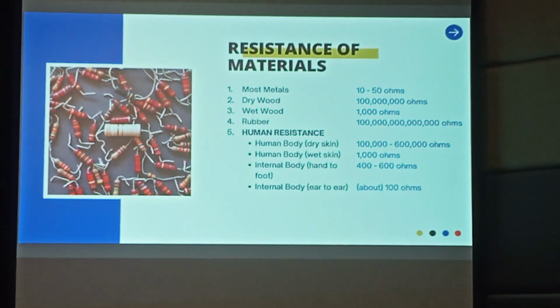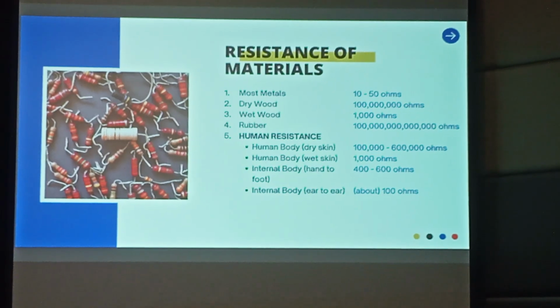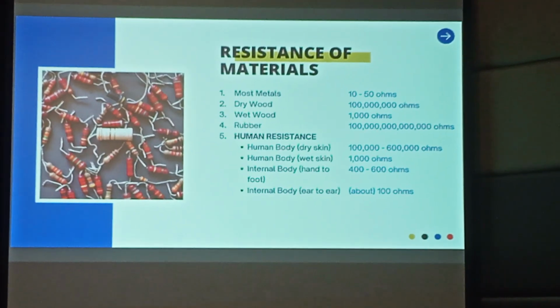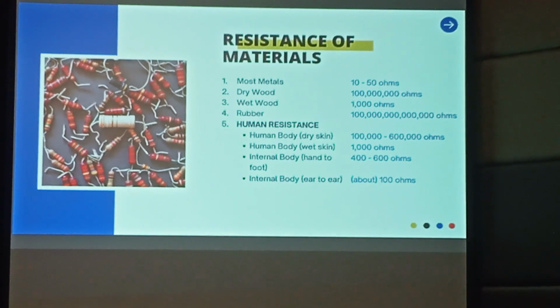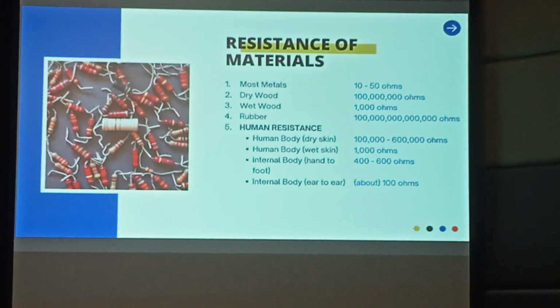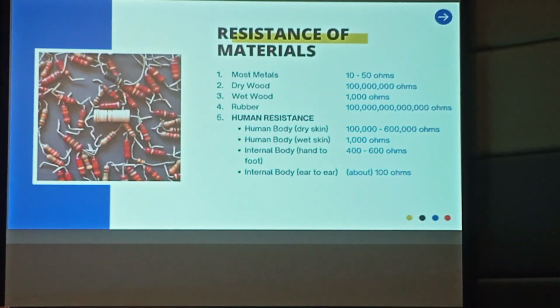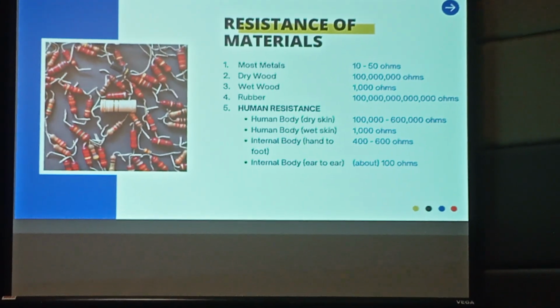That's like a human body after a bath. After you take a bath, your resistance is about 1,000 ohms. Let's do a quick math: say you took a bath and got electrocuted at a nominal voltage of 230 volts. We learned Ohm's law, current is voltage divided by resistance.